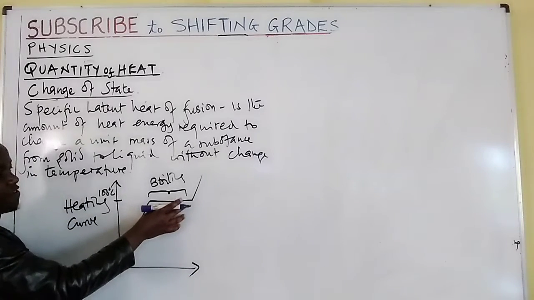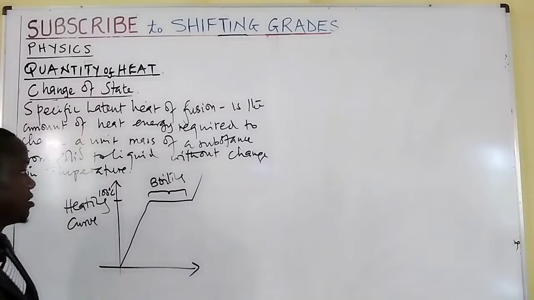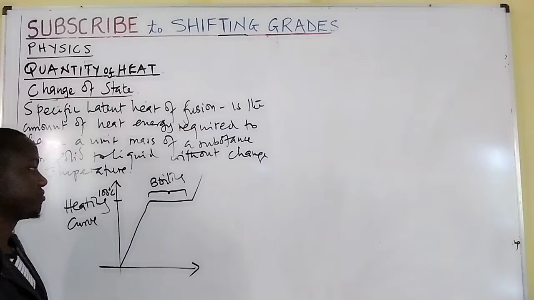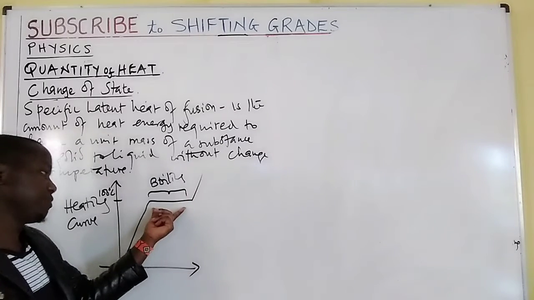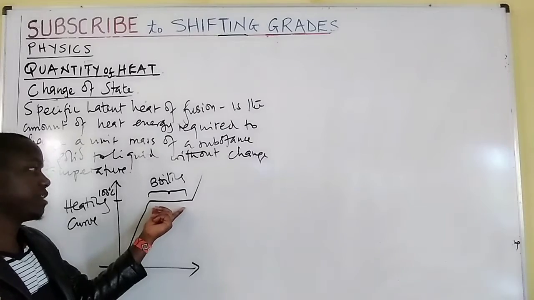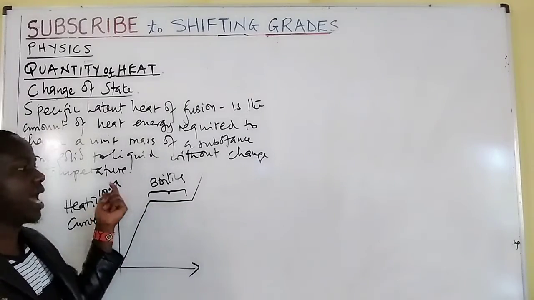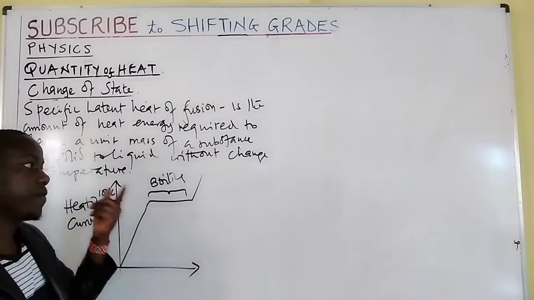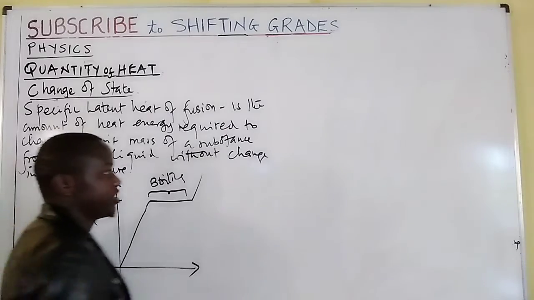At the point when it is boiling, the temperature remains constant. So that heat which is applied until all the water has vaporized, we call the latent heat of vaporization.